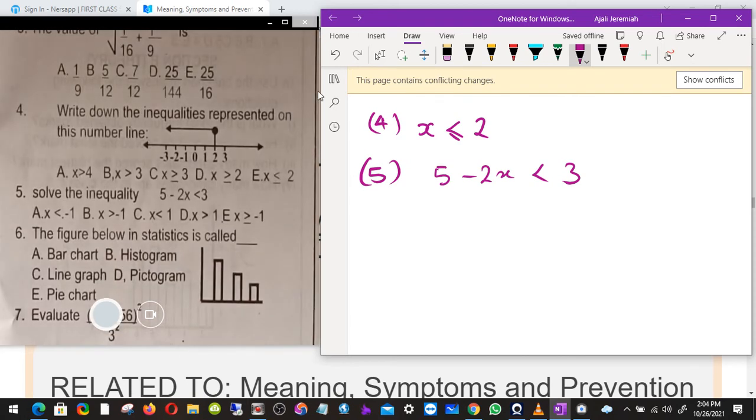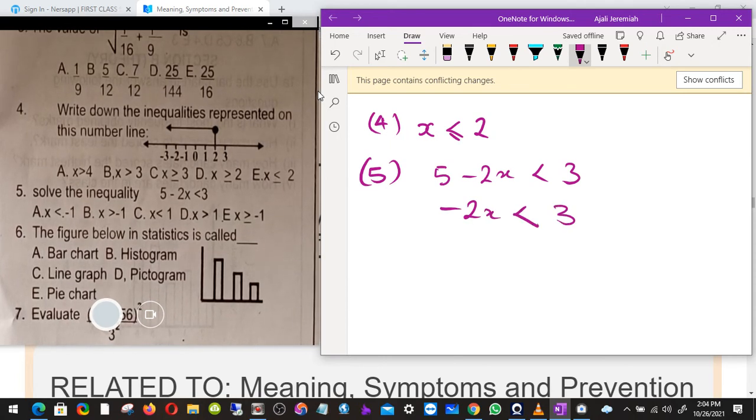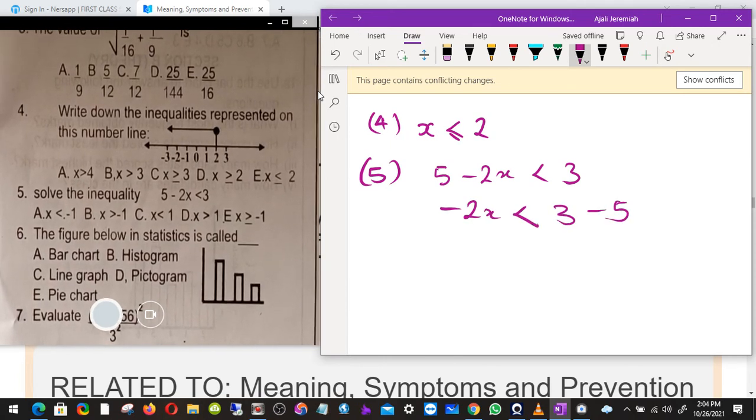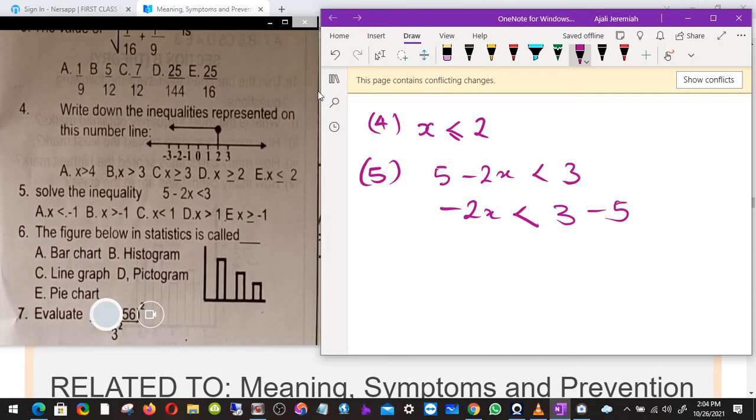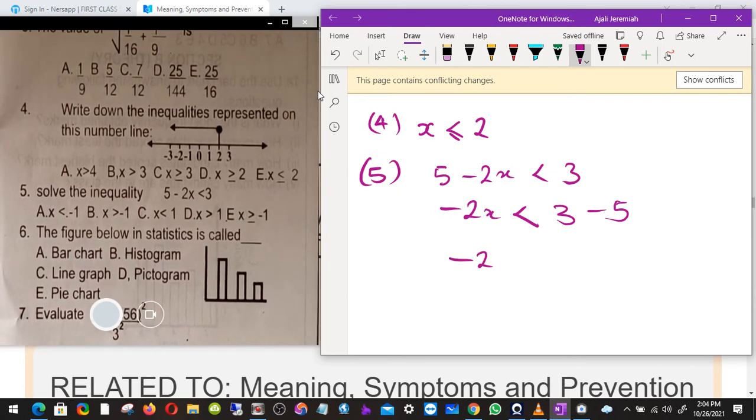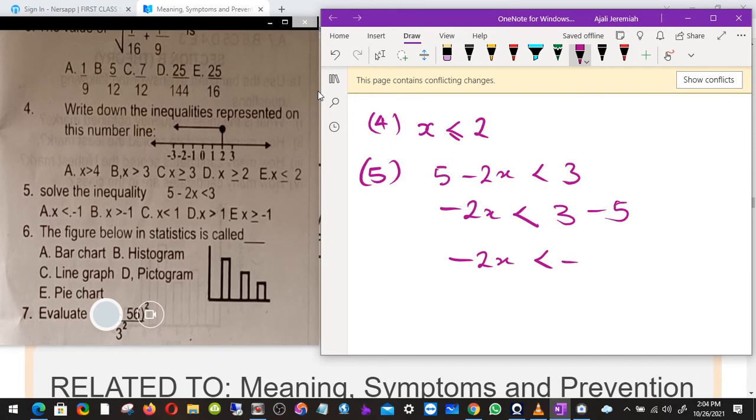So that gives us what, please? You take 5 over, it becomes minus 2x is less than 3 minus 5. Taking 5 over, it becomes minus 5, right? Yes. So that gives us 2x less than minus 2.